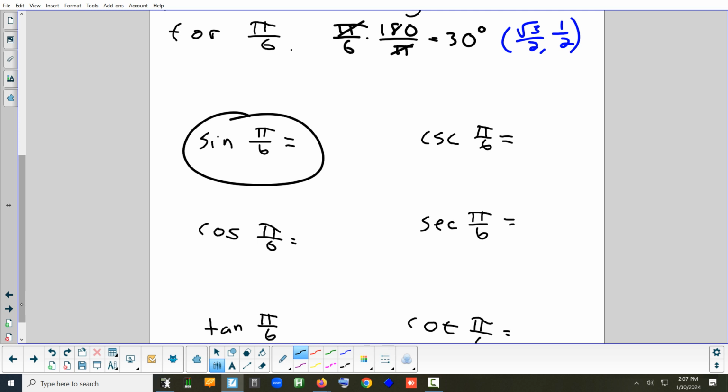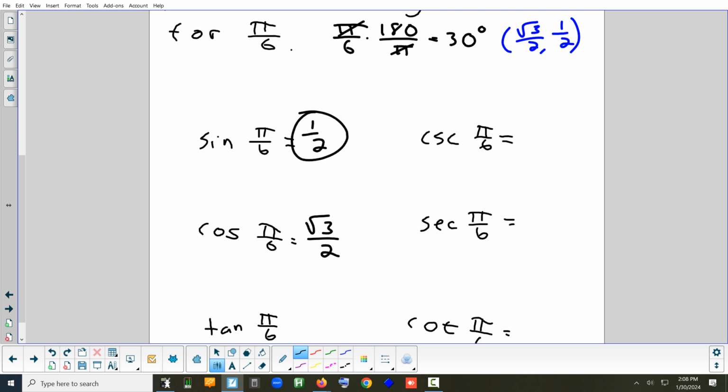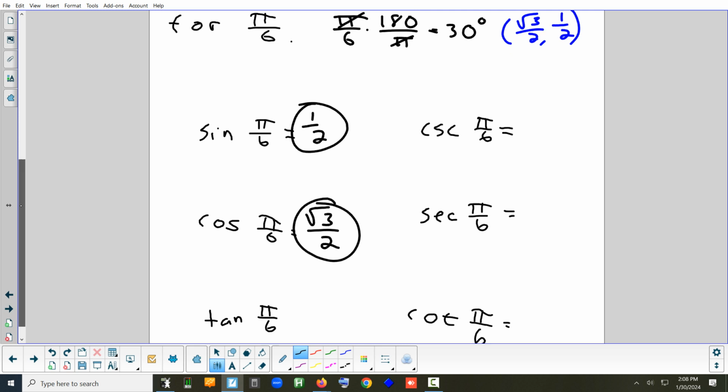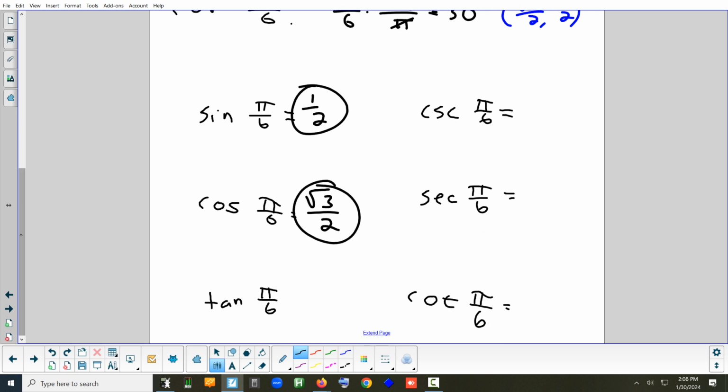And now, what is the sine? It's the y value, which is 1/2. What's the cosine? Square root of 3 over 2. And the formula for tangent? Y over x. If you just imagine putting a division line right there, that's your y, that's your x.